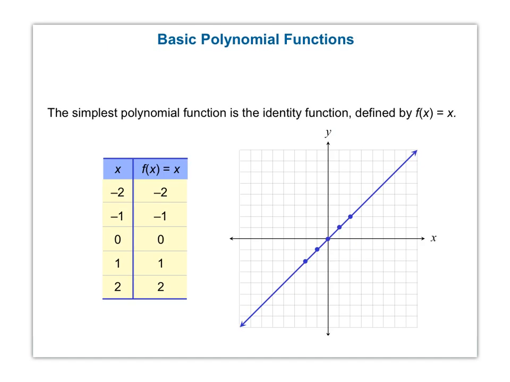Now we will be looking at some basic polynomial functions. The simplest polynomial function is the identity function, and it is defined by f of x equals x. Now, x is our input. That's part of the domain.